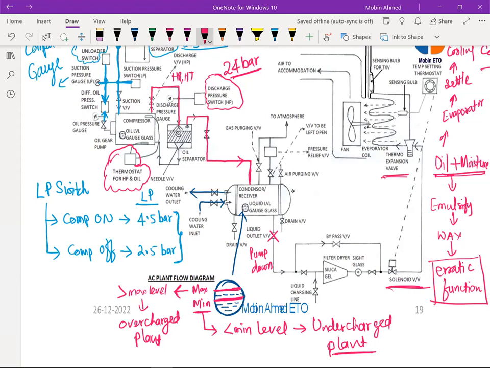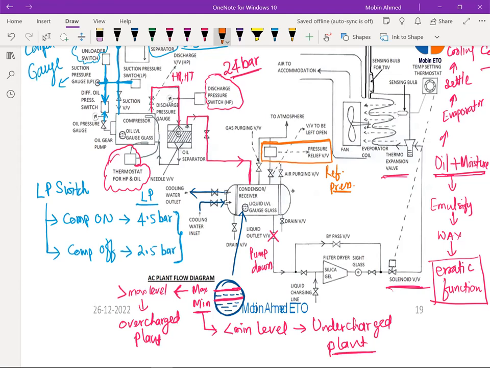Now there is one more safety, known as a pressure relief valve. If you see here, this is a pressure relief valve. Pressure means we are talking about the refrigerant pressure.